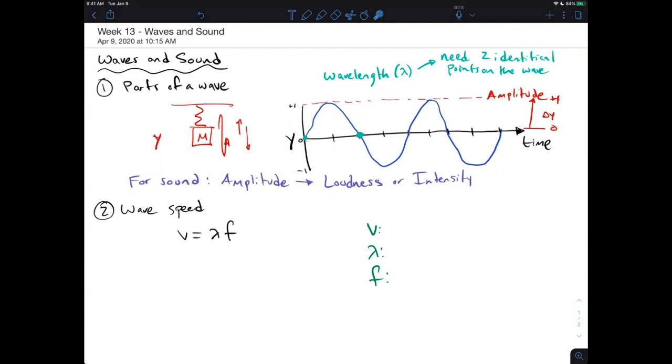And another way to look at this is that if I were to choose this point right here, everything in between these two points, I'm just going to copy and paste over and over. If I can copy and paste this over and over smoothly, that's a wave. But if I do this, I have this part of my wave right here, and I'm just going to copy it over and over.